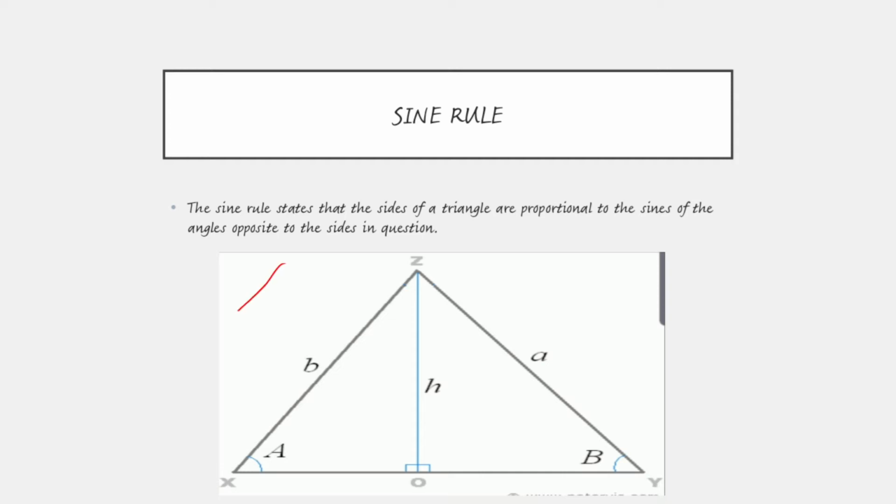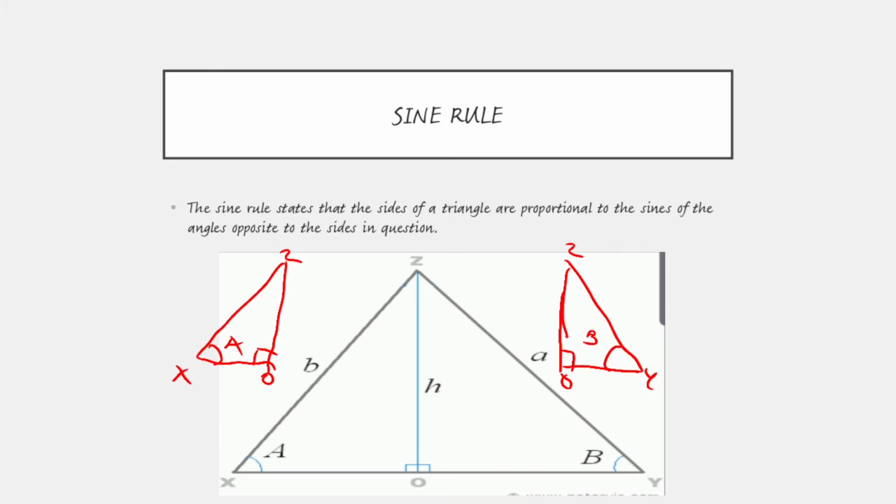We are going to have this one as our Z, our O, our X, and likewise from this side we are going to have another right angle triangle, which is our Z, our Y, and our O. This is angle A and this is angle B. This is side B and this is side A.